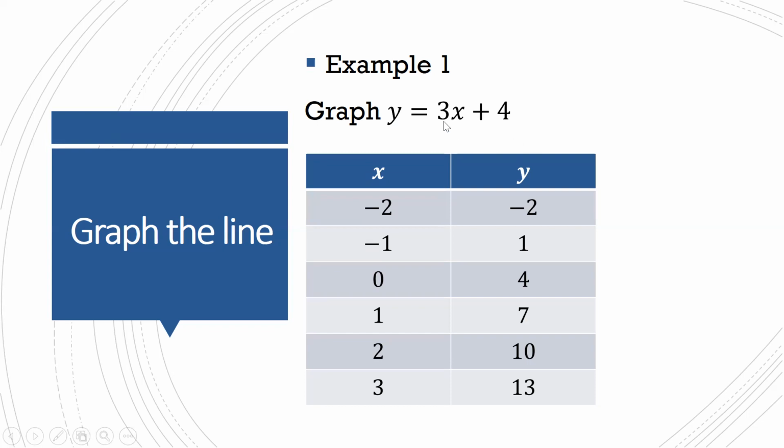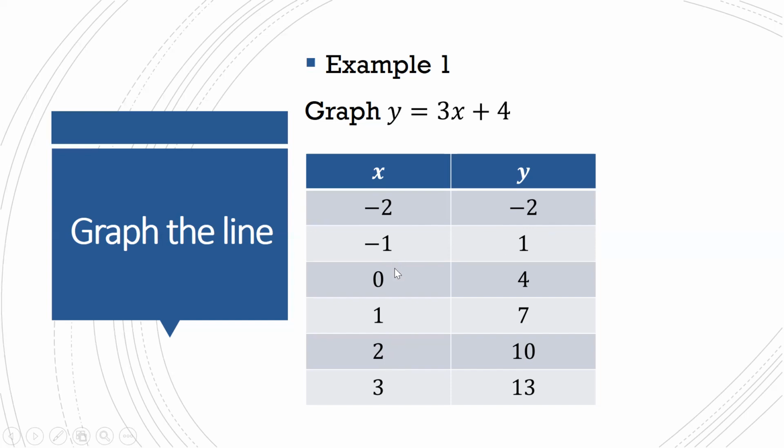Now, I want to explain slope a little bit before we get into this. What you'll notice here in this example is that the slope is 3. I've chosen points where the x value increases by 1 each time I go down. Notice that if I increase the x value by 1, for instance, going from -2 to -1, the y value goes from -2 to +1. That's an increase of 3.